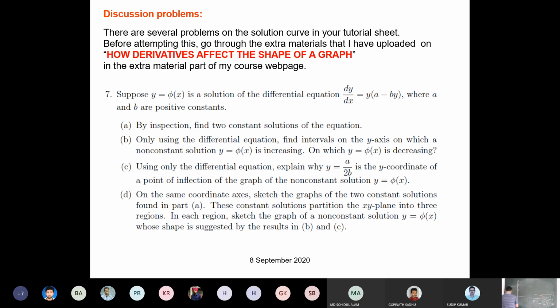And then what is happening? Of course, these two lines, this line and this line, they are the constant solutions. Fine. And then I have been given that when y is less than 0, so basically in this portion, and when y is greater than a by b, this portion, the function is monotonically decreasing.